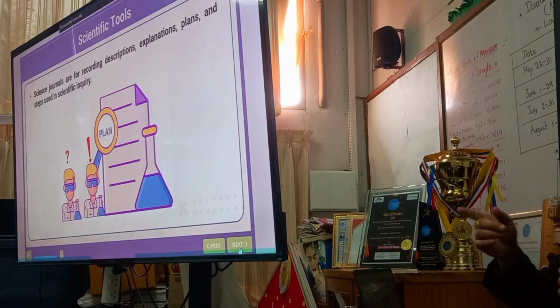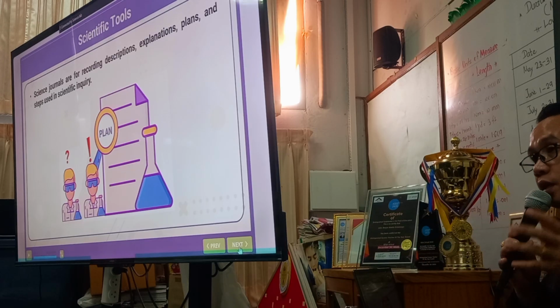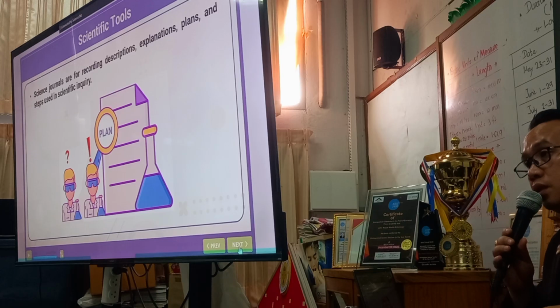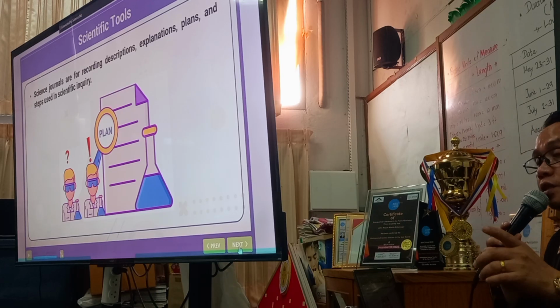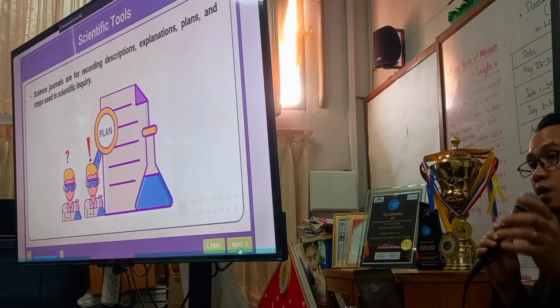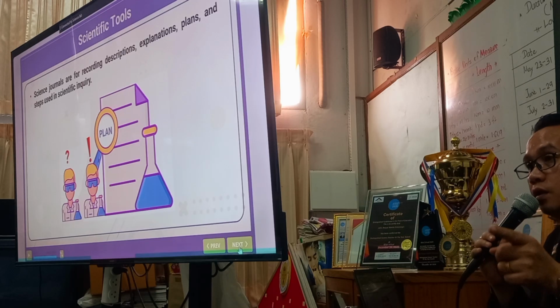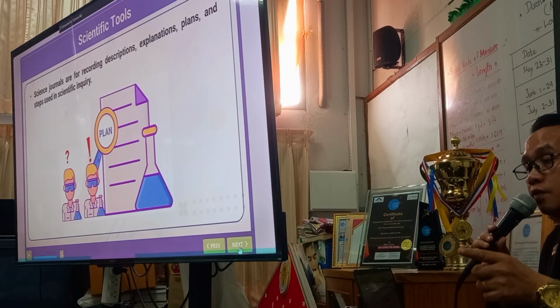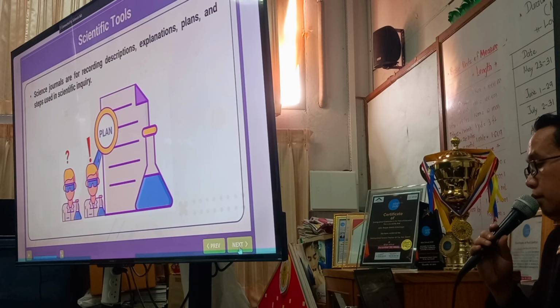Coming soon, we will start doing our experiments in this room. But first, you have to familiarize yourselves with and identify the names, the uses and functions of those laboratory equipment inside this room.